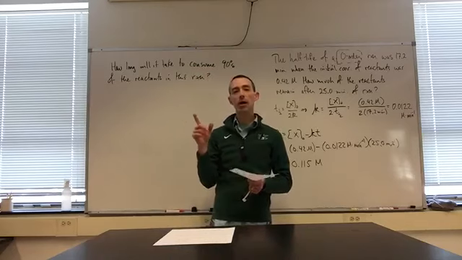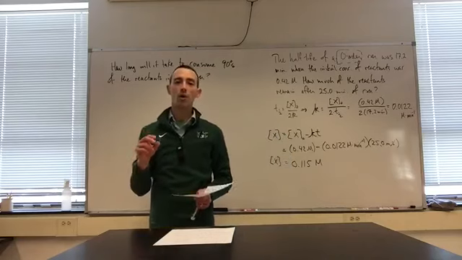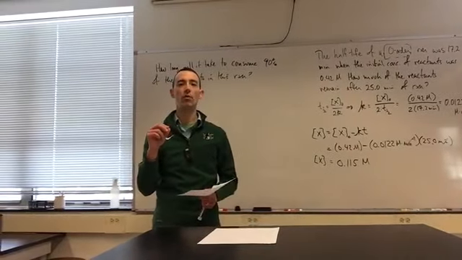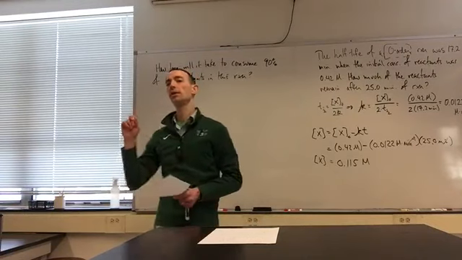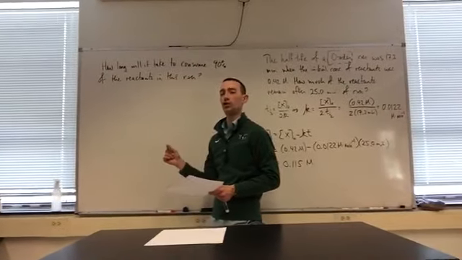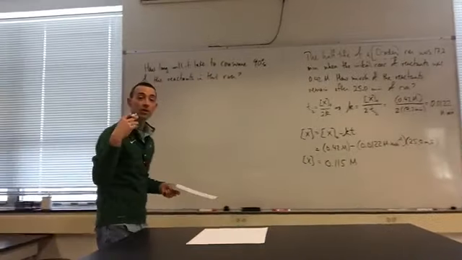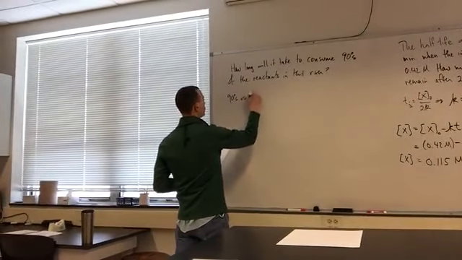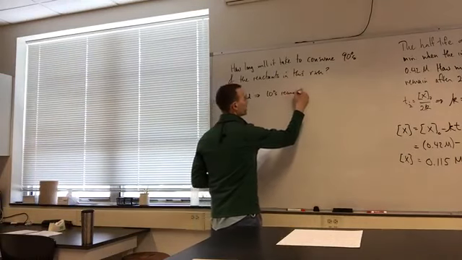The key to this problem is the language. As I said just a couple minutes ago, all of the integrated rate laws are written from the perspective of how much chemical remains at the time of interest. But look at the language here. This is how long is it going to take to consume or use up. So we have to sort of translate that in our head. When 90% is used, that implies that 10% remains, right?